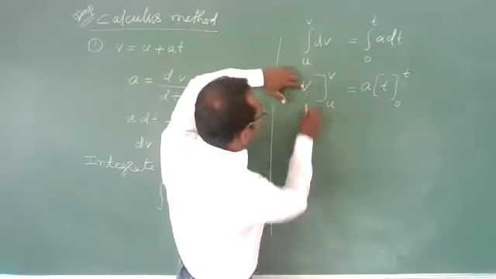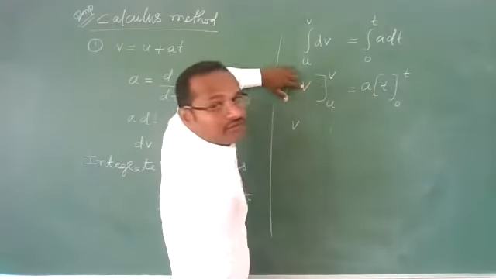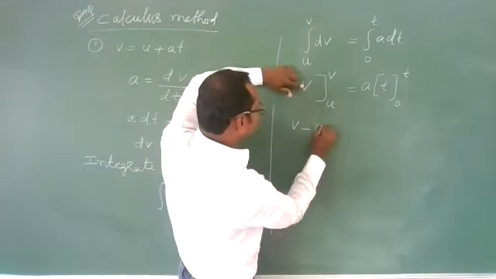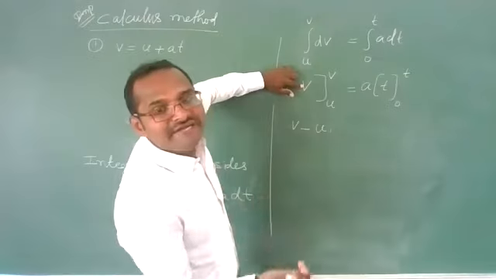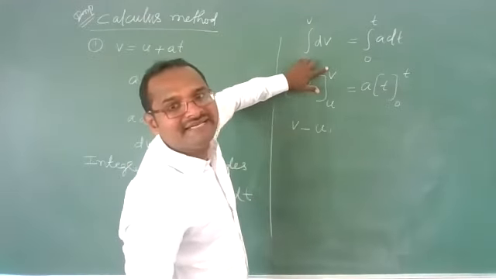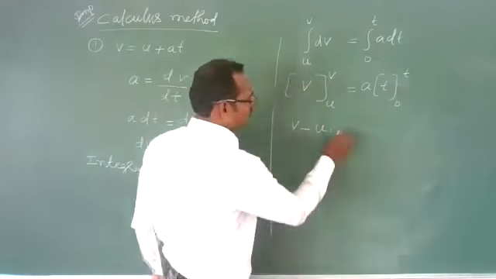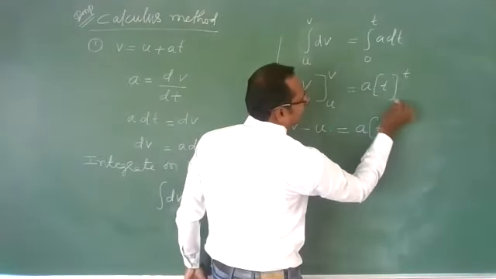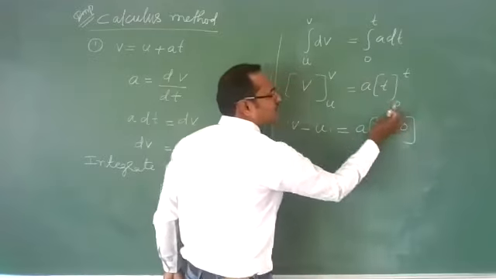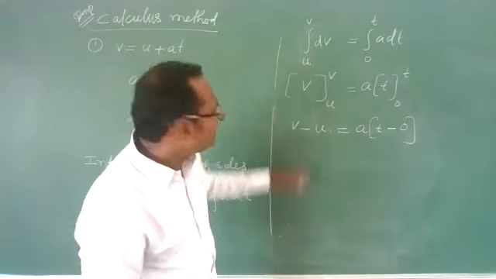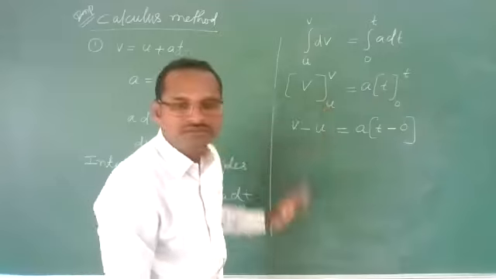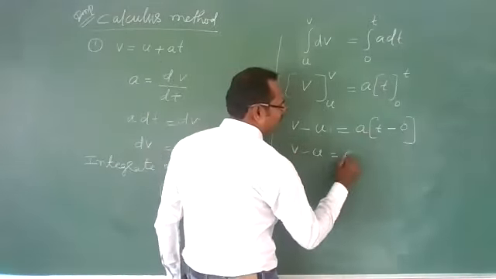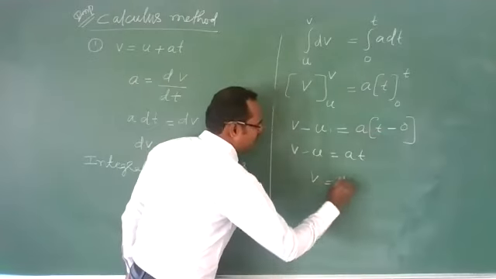Apply the limiting conditions. I have already explained how to apply this. In the place of v, substitute the upper limit first, minus in the place of v, substitute u, the lower limit. So a into upper limit t minus lower limit 0. We get v minus u is equal to a into t, so v equal to u plus at.